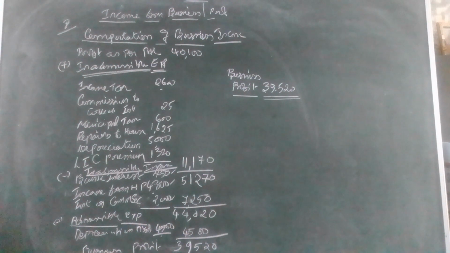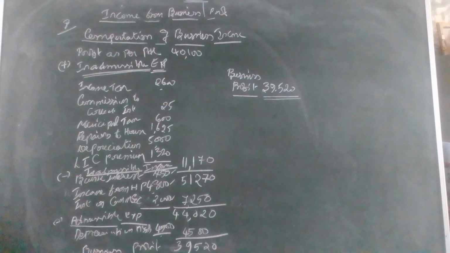Then another one: I'll read out the information, and I will also tell whether those things are admissible or inadmissible. Salary, rent, those things are admissible, right? Then another one is commission on sales, that is also admissible. Mind it carefully, these things are business expenditure. Now you will have the doubt what things are admissible, what things are inadmissible.